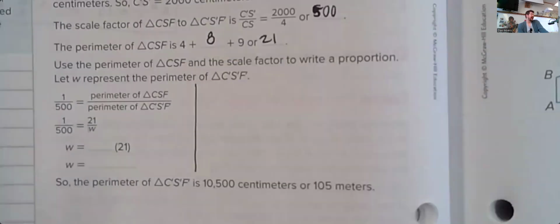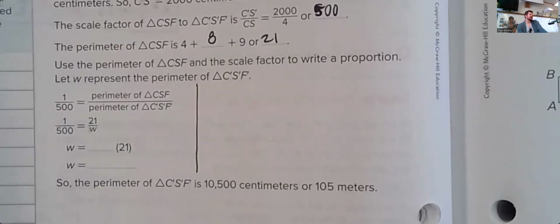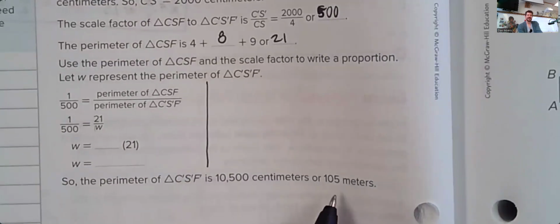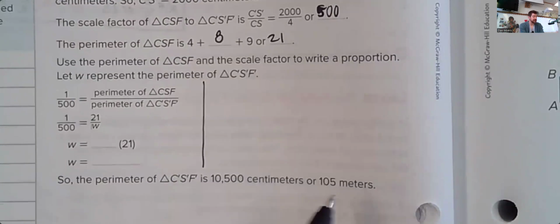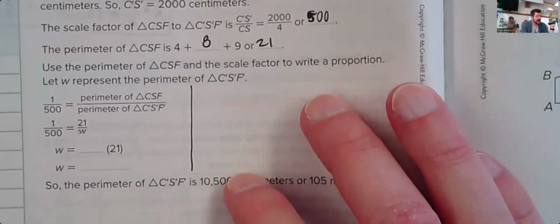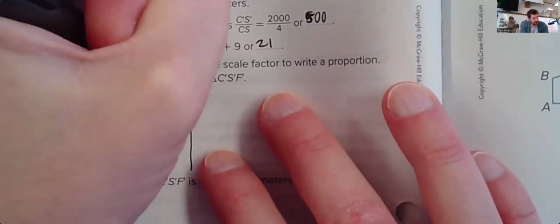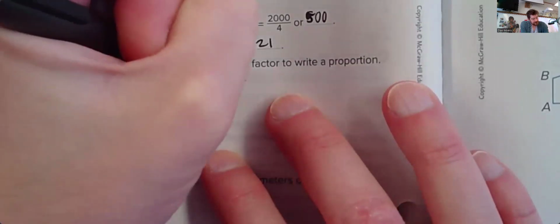It works, it's fine. But converting from meters to centimeters and then back from centimeters to meters again is more work than you need to do. So here we go. Let's see, reality to map.